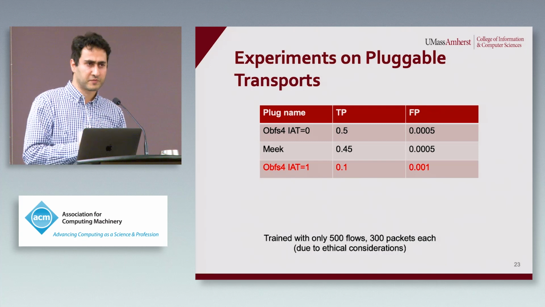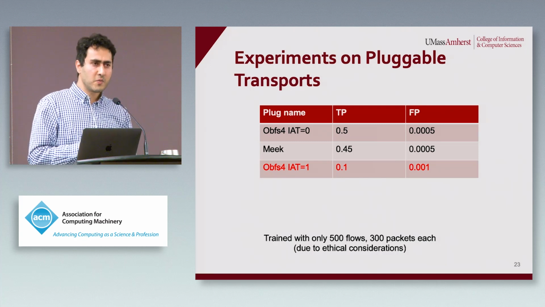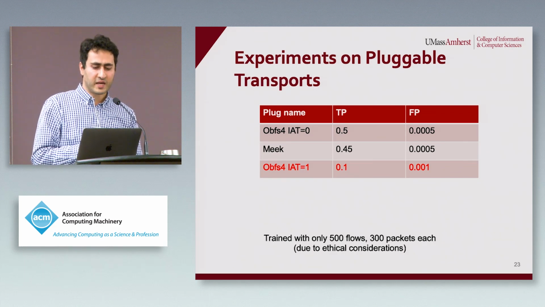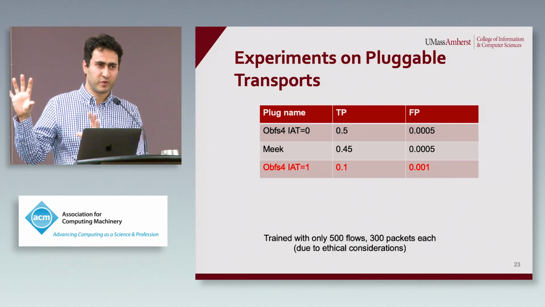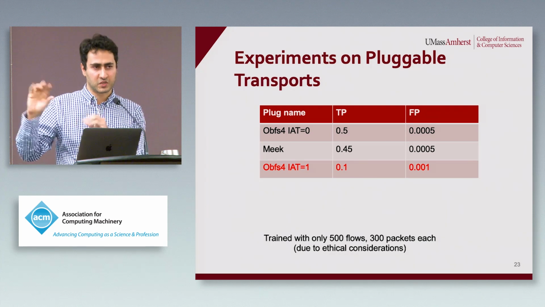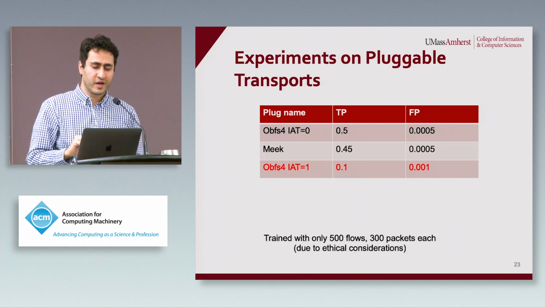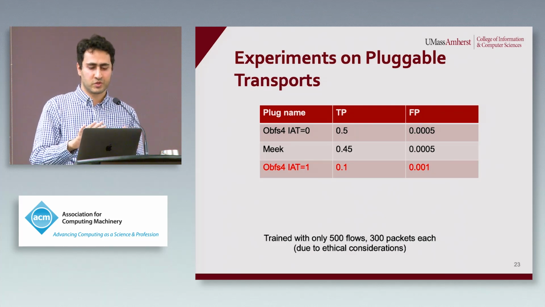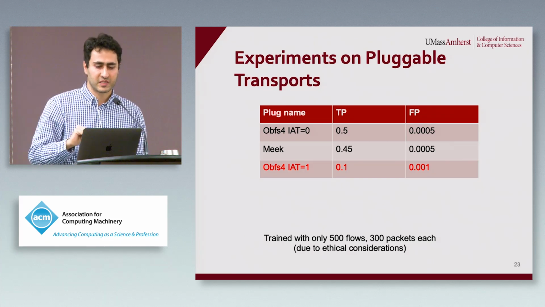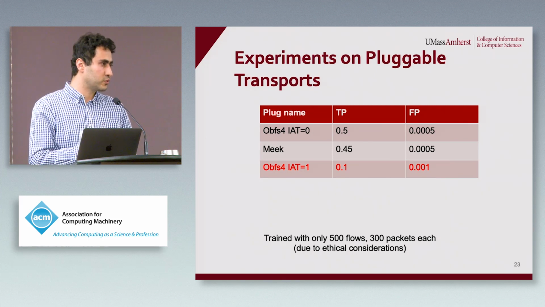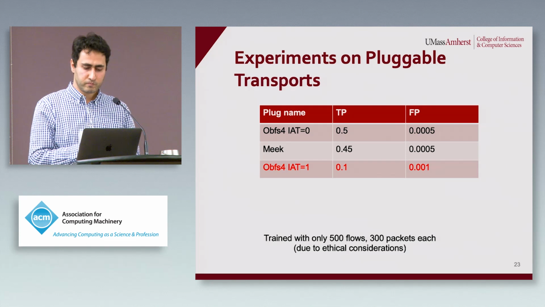In particular, OBFS4 with the IAT mode seems to have a good impact on the accuracy of the attack. I have to mention that for this experiment, we collected a much smaller set of flows for ethical reasons that I can explain, so you shouldn't compare the numbers to the numbers I had previously, but at least it shows that some of the pluggable transports work better than others.